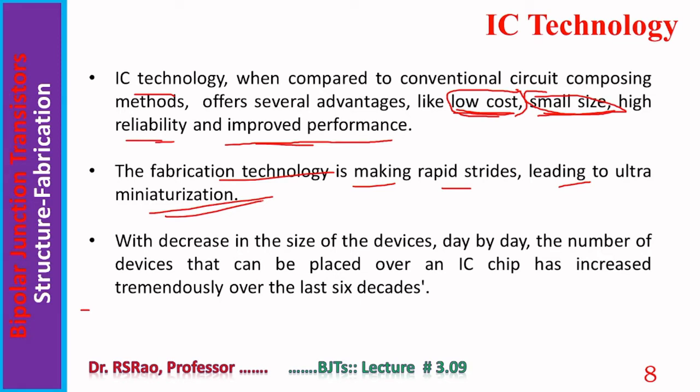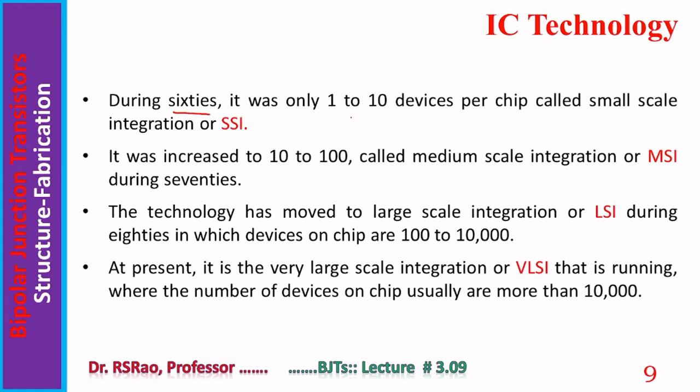electrons. With the decrease in the size of the devices day by day, the number of devices that can be placed over an IC chip has increased tremendously over the last 6 decades. During the 60s, it was only 1 to 10 devices per chip. Then it was called SSI, small scale integration. During the 70s, it was 10 to 100, called medium scale integration. In the 80s, it was 100 to 10,000, called large scale integration.